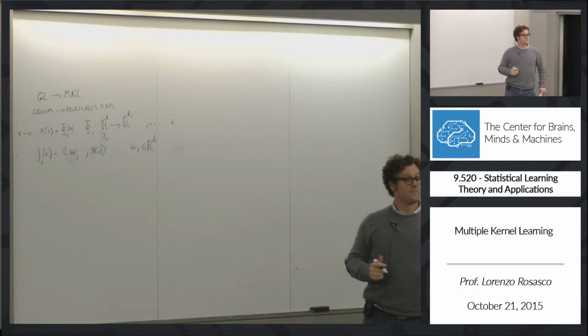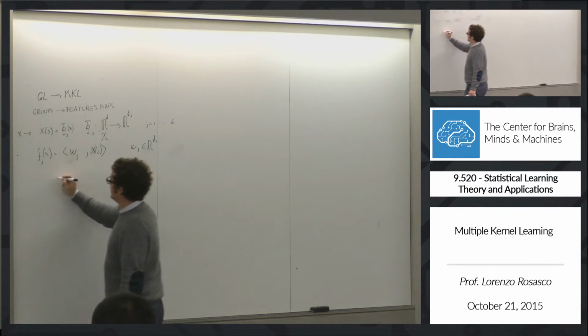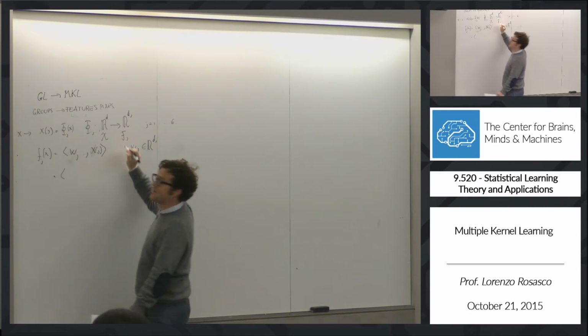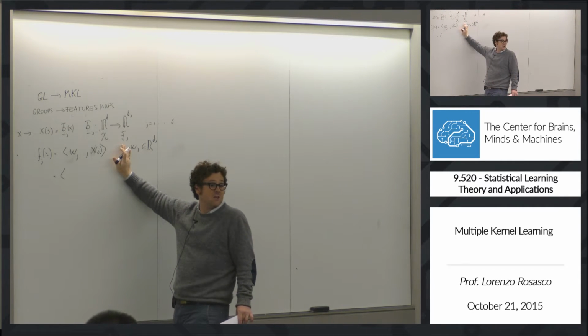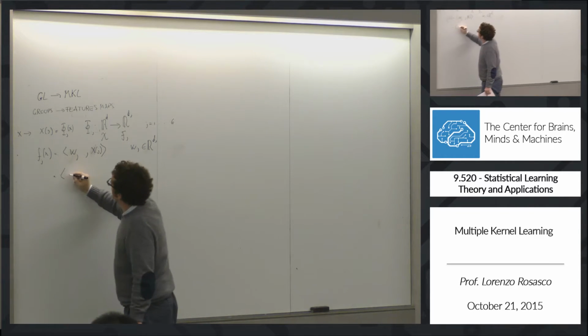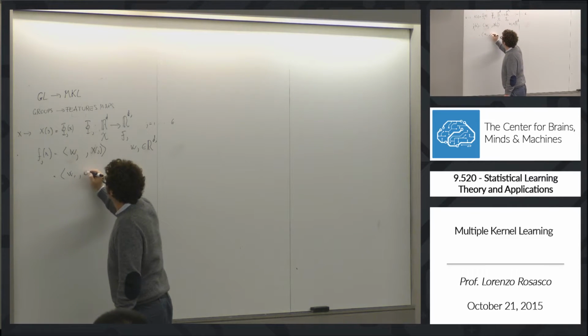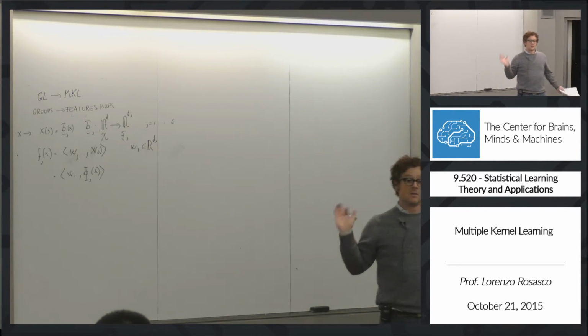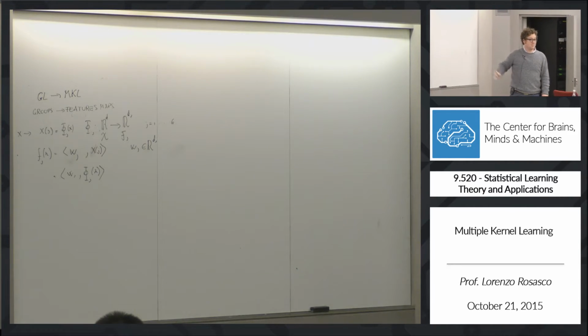Okay? You agree that because I changed the notation now, and notice if you want that this is a feature map, a feature space f_j, okay? So this means that now I can do this. You agree? Again, I already changed the notation here, I'm just repeating it.